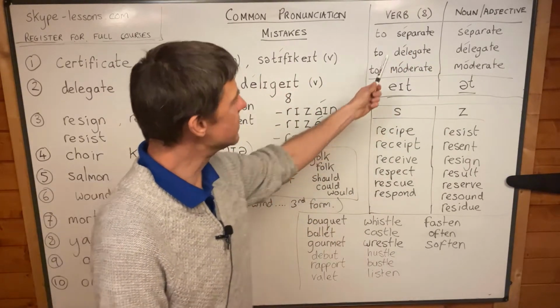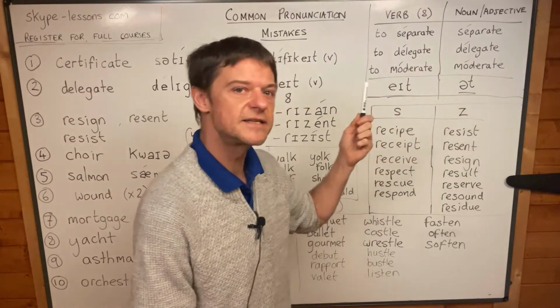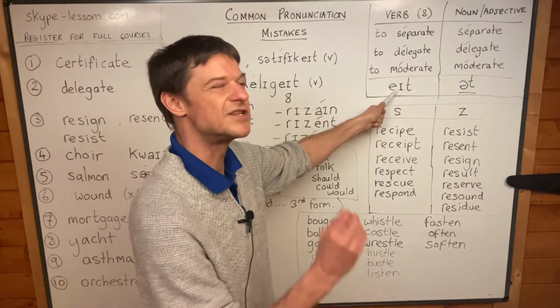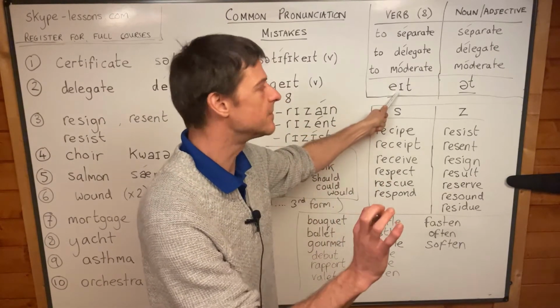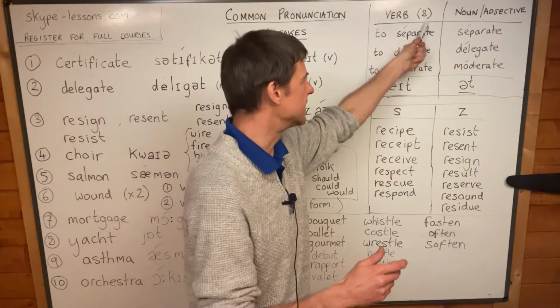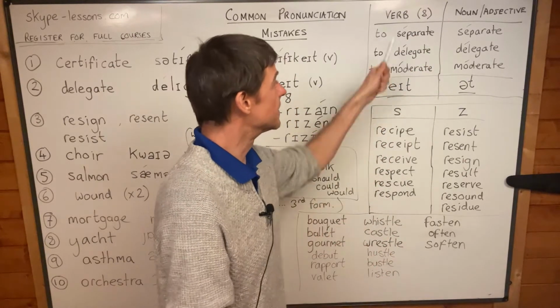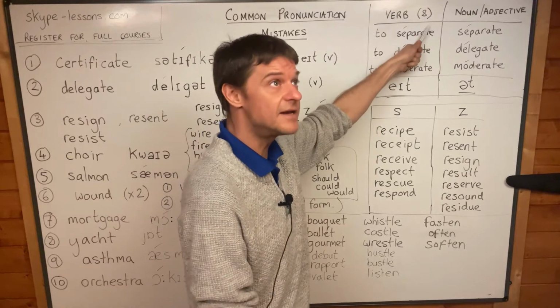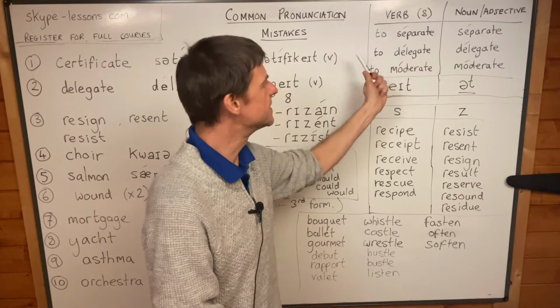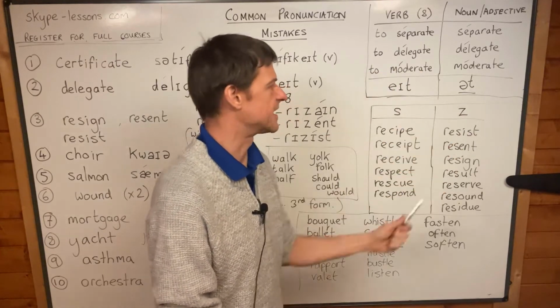So if we look at the verb to separate, you'll notice it ends in a sound which is exactly the same as the number 8, which is why I wrote the number 8 at the top, to remind you that if it's a verb, you want to end the word with the sound 8. To separate, to delegate, to moderate.